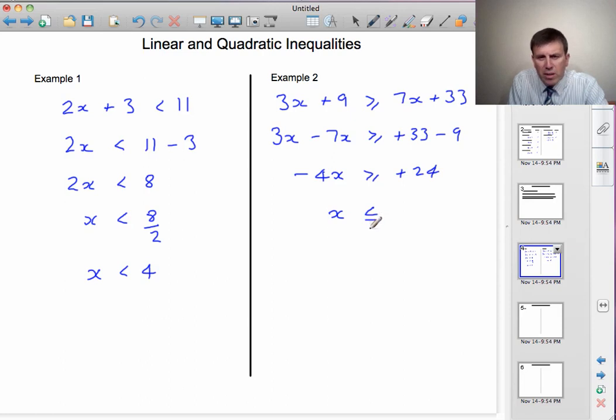So instead of being greater than or equal to, it's now less than or equal to. And it'll be plus 24 divided by the minus 4. So x is less than or equal to, plus divided by a minus gives a minus overall, and 24 divided by 4 is 6. So our answer is x is less than or equal to minus 6.